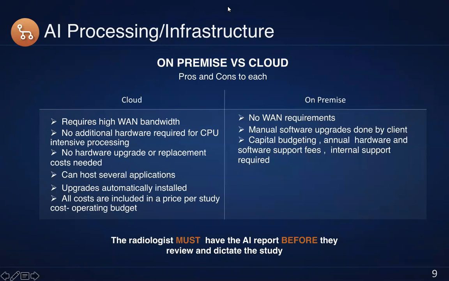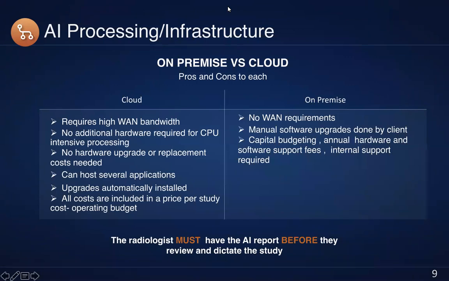There are pros and cons to each of these. The cloud, for example, requires a much higher bandwidth, ideally a gigabit to the cloud, but you can live with 100 megabits if you have to, whereas on premises you don't have that. However, in the cloud, you don't have any additional hardware required, and AI is extremely CPU intensive.